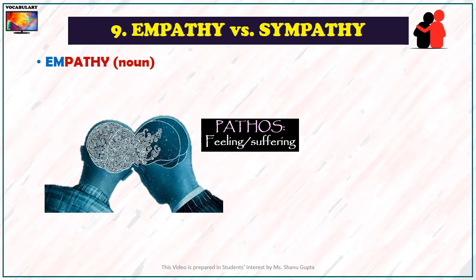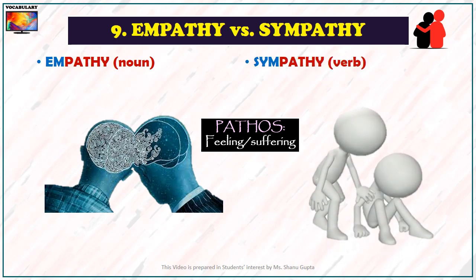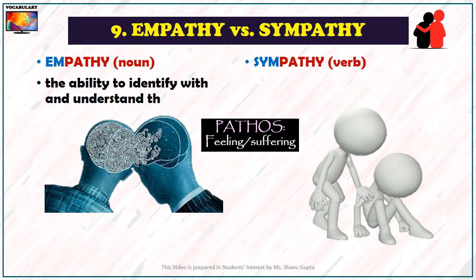Empathy is when you put yourself in the shoes of the other person to find out and experience what that person is feeling. It is the intellectual identification of the other person's thoughts. As an example, she had a lot of empathy for her neighbor who had lost her mother to cancer. She knew what it was like to lose a parent too.